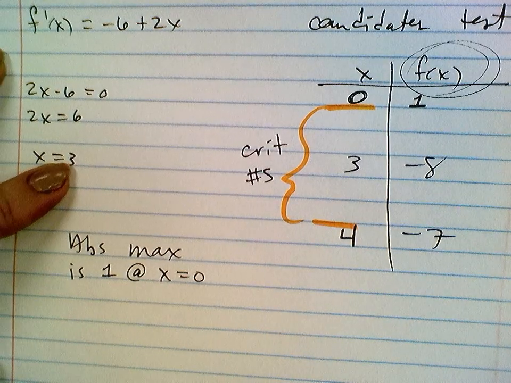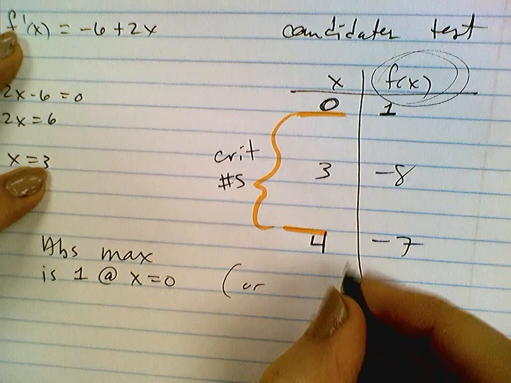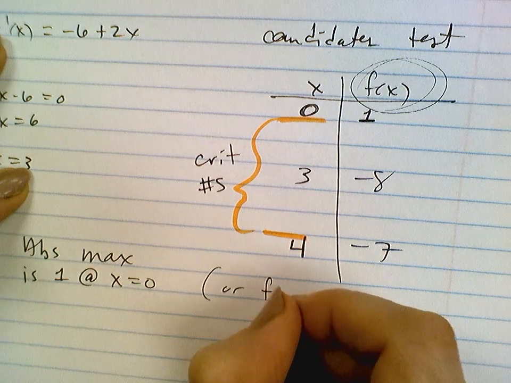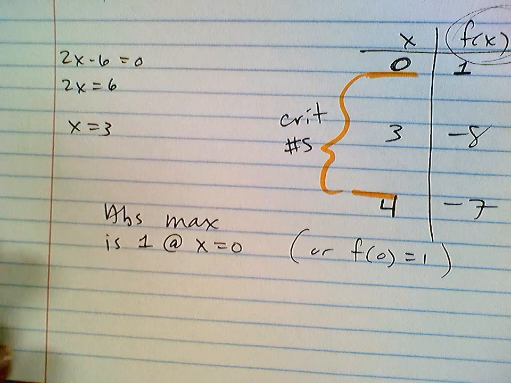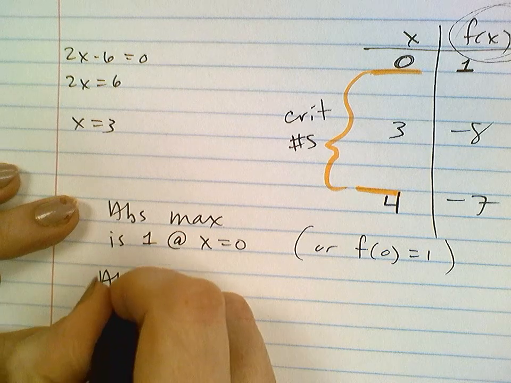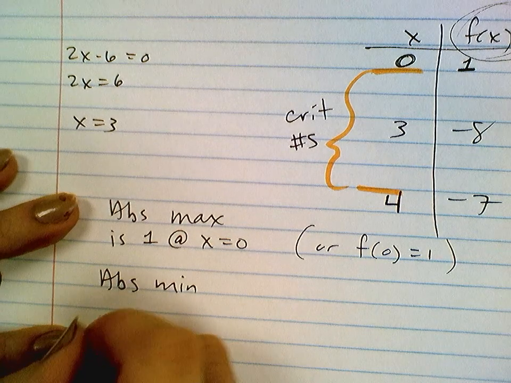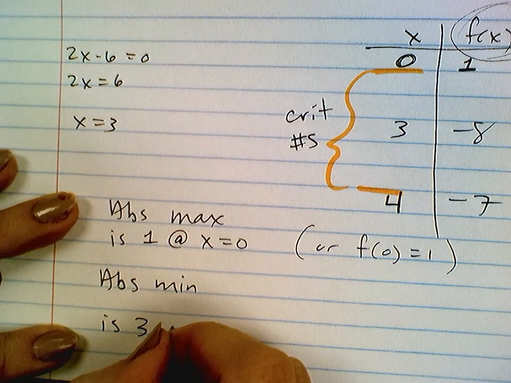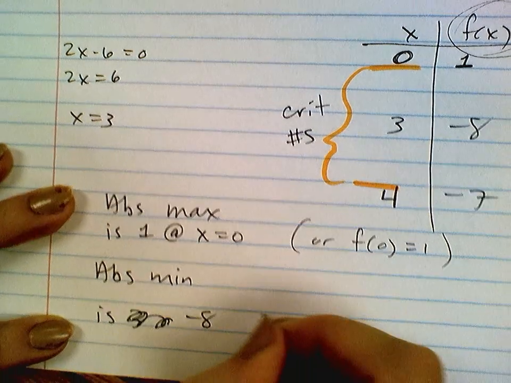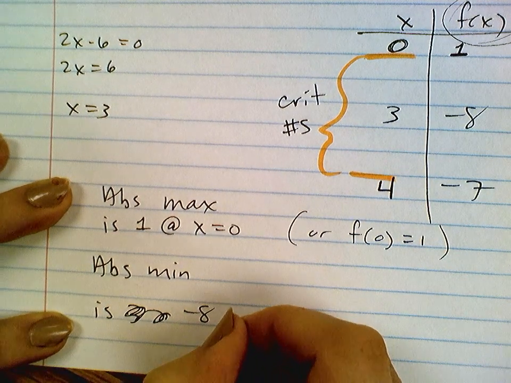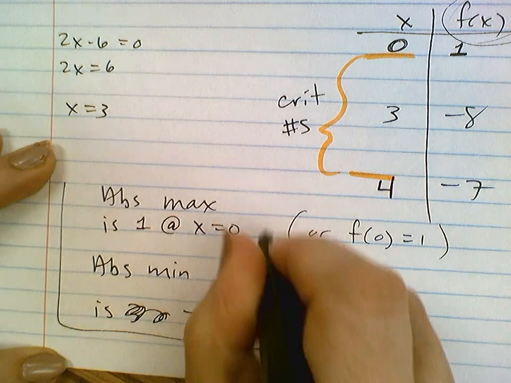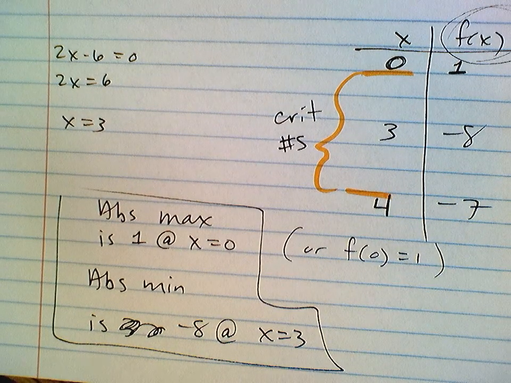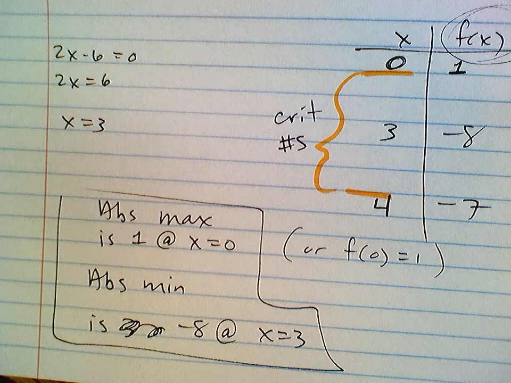Or you could say f of 0 is 1. And then absolute min is 3. No, it's not. It's -8 at x equals 3.